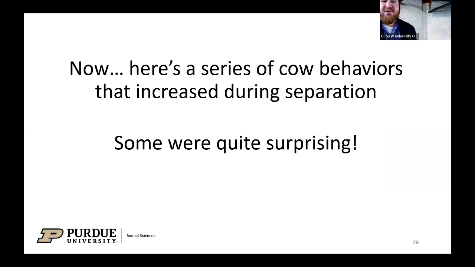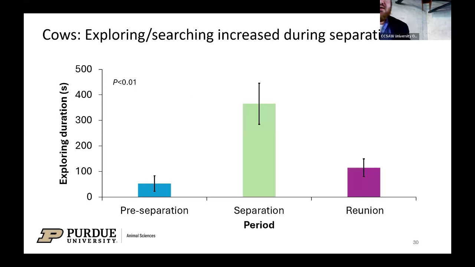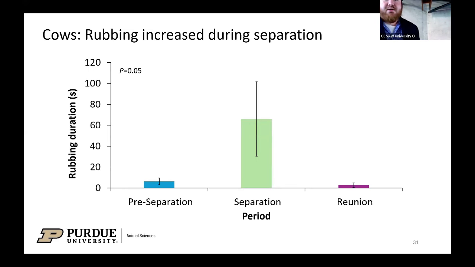Now, for a series of behaviors that are increased during separation, exploring or searching, we could not split those 2 terms. Was she searching for the calf or was she exploring her environment? We couldn't define. But it did increase during separation. Rubbing increased during separation as well.